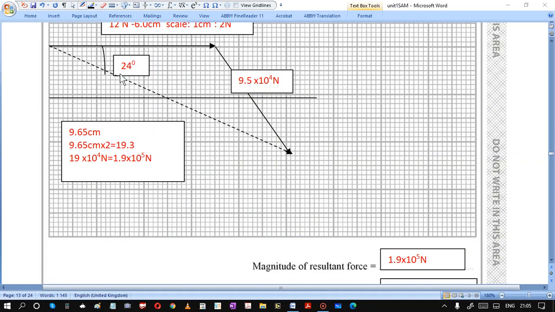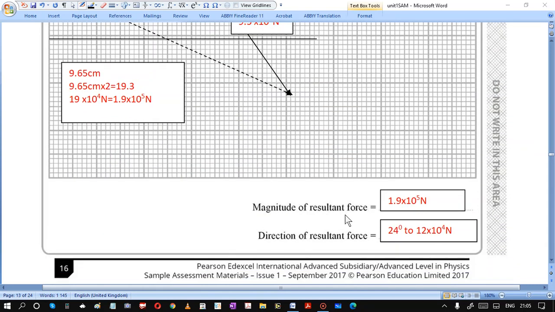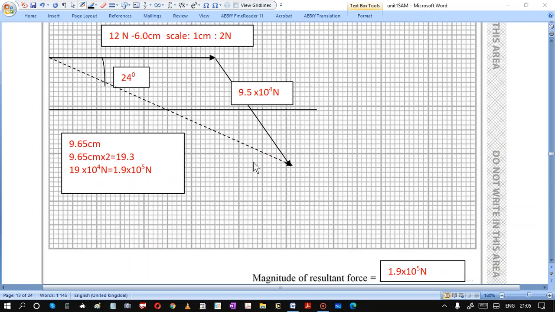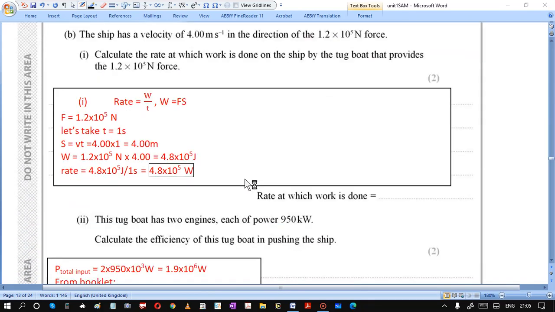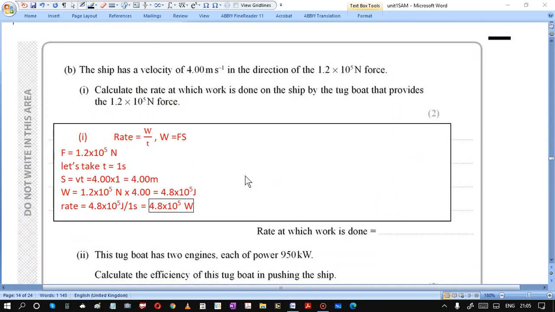And we find the angle, and the answer should include magnitude and direction, for example, 12 point times 10 to the 4th newtons. The ship has a velocity of 4 meters per second in the direction of the force, 1.102 times 10 to the 5th newtons.